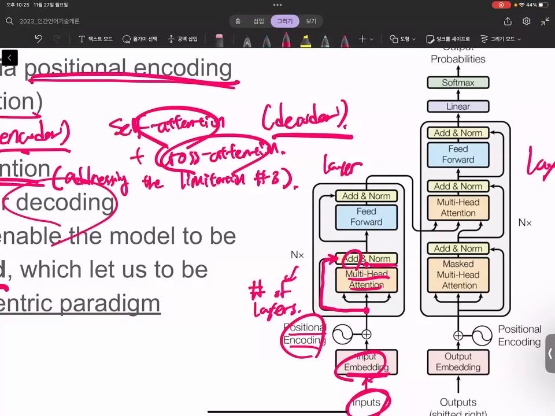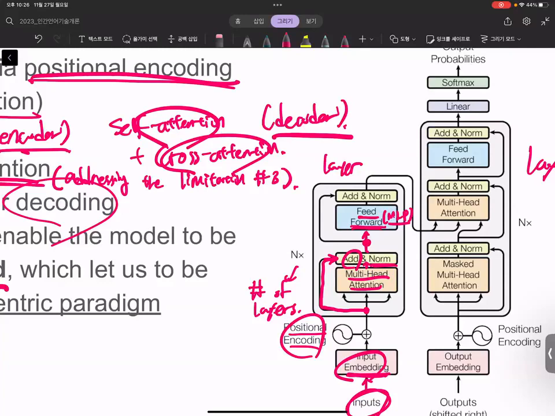And the output of this normalization layer goes into the feed-forward, which is the MLP. And also, the output of this MLP is added to the input of the MLP, right?